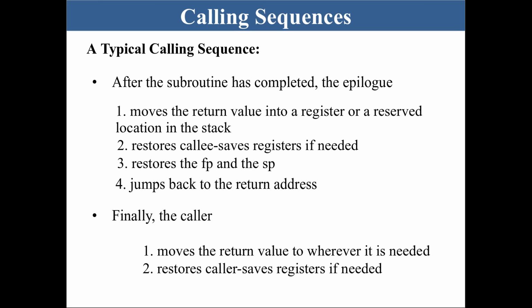Then finally, the caller moves the return value to wherever it is needed and restores the caller-saves registers if needed. These are the sequences in calling a subroutine done by the caller, the prologue, the epilogue and the caller.